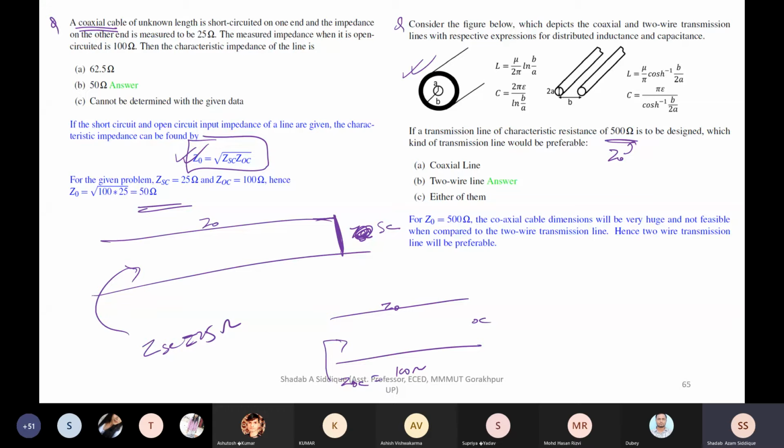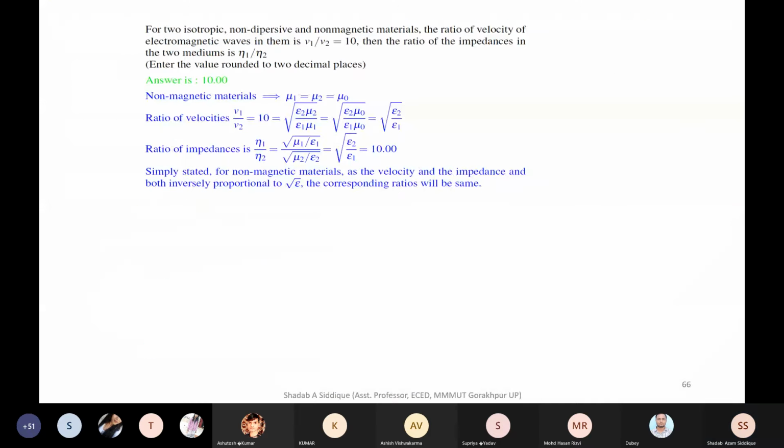So hence the two-wire transmission line will be preferable for this one. Although we can answer with the coaxial line also, the dimensional value is more. So the preferable line will be the two-wire line, as it is asked which would be preferable. Okay. Next one.